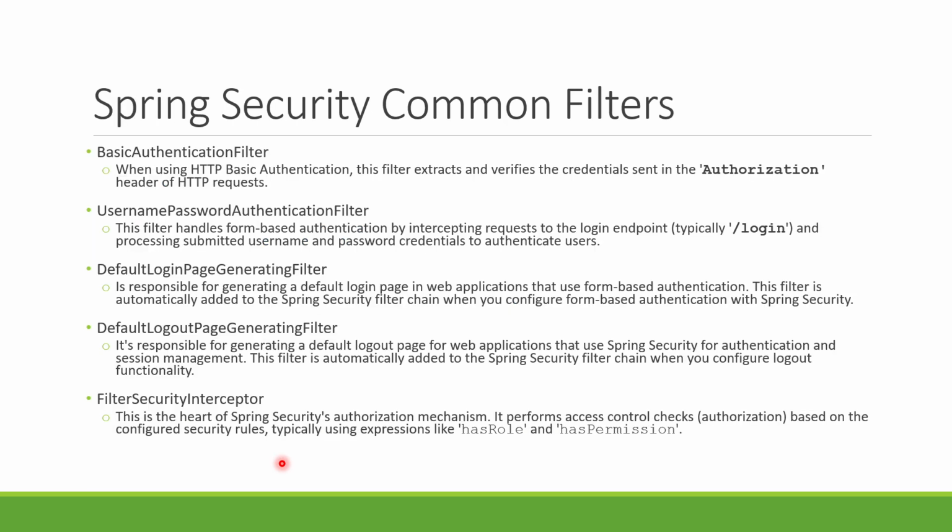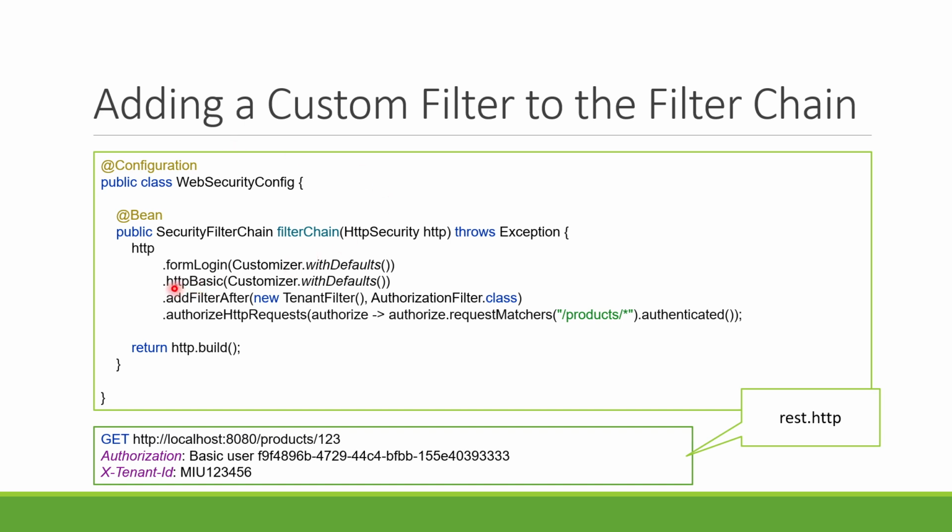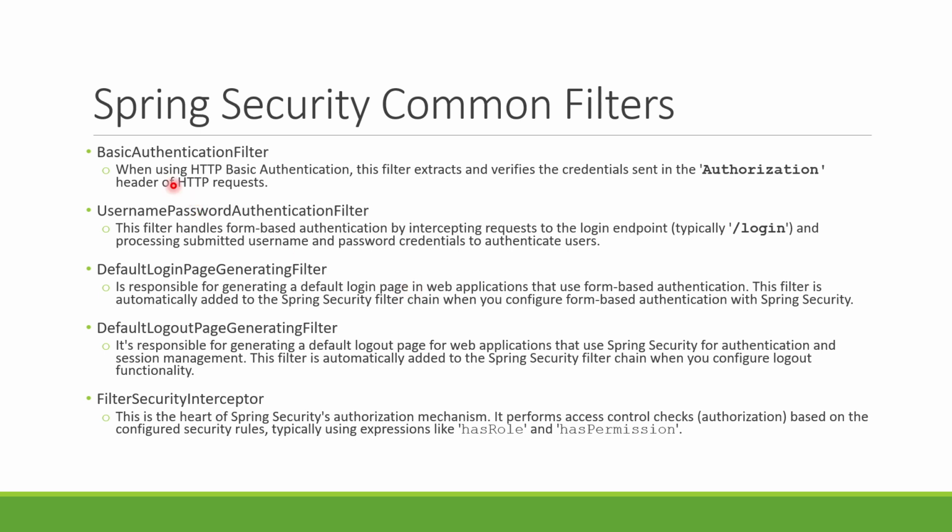Let's take a look at some of the filters. The basic authentication filter: once you configure HTTP basic, this will add the basic authentication filter into your filter chain, and we already demoed it.